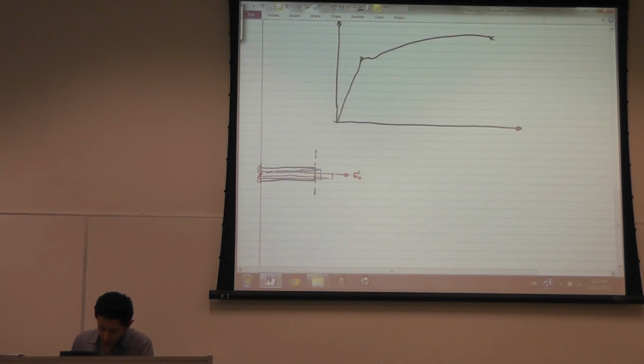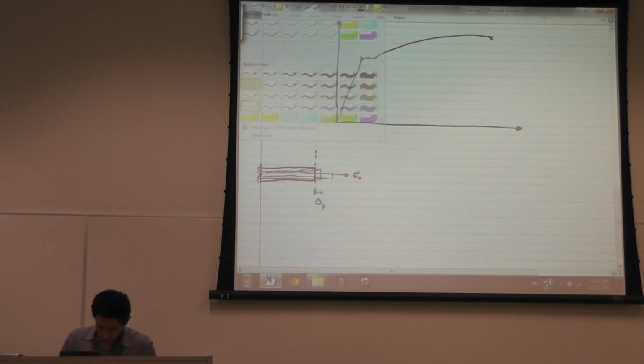But there is a residual delta. I'm going to call this delta P. Now, I'm going to call this delta E.